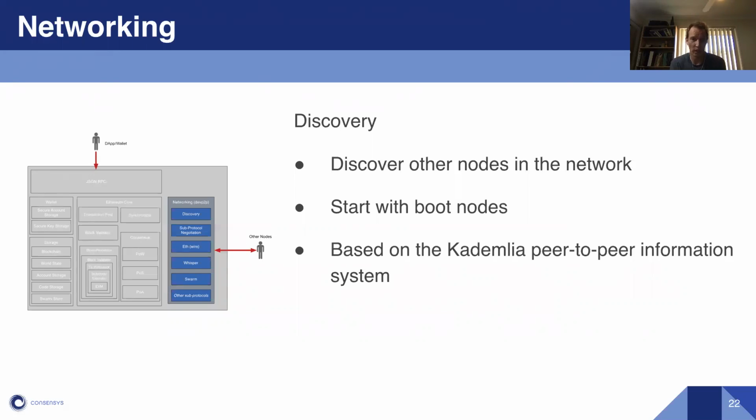The discovery process is based on the Kademlia peer-to-peer distributed hash table, which is well-defined in a paper. The discovery process uses about half of the Kademlia work. Kademlia breaks down into 2 parts: how you discover and maintain a network of peers, and how you store data in those peers and retrieve data from them.